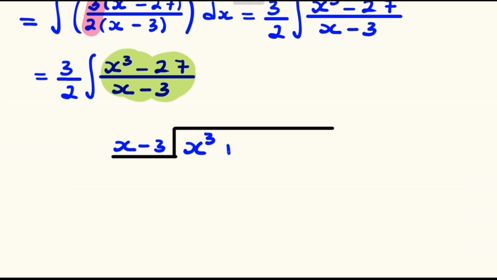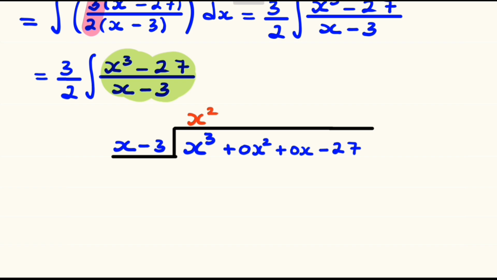So we have x cubed plus 0x squared plus 0x minus the 27. Now we start with the long division method. So we divide the x cubed with the x, and this will be equal x squared.